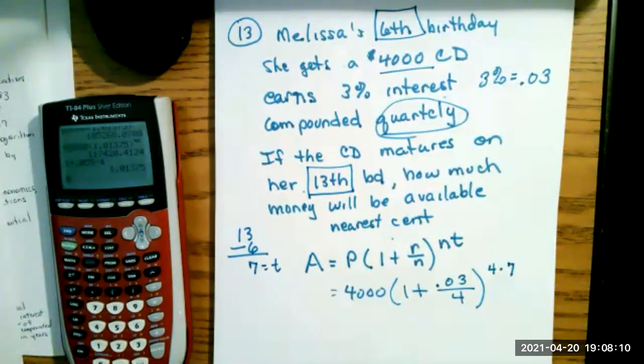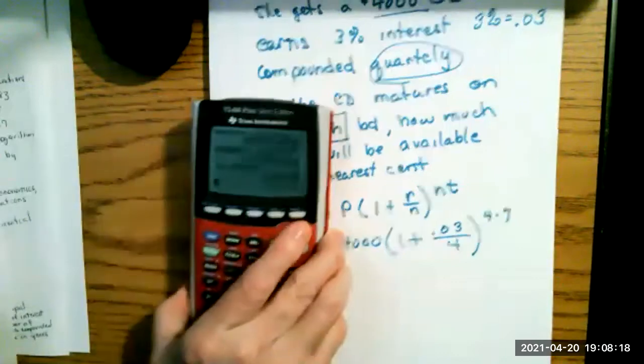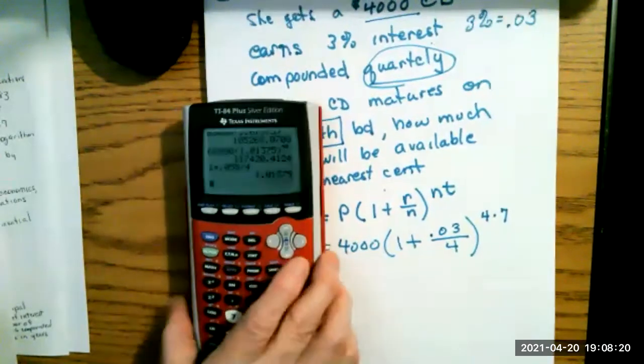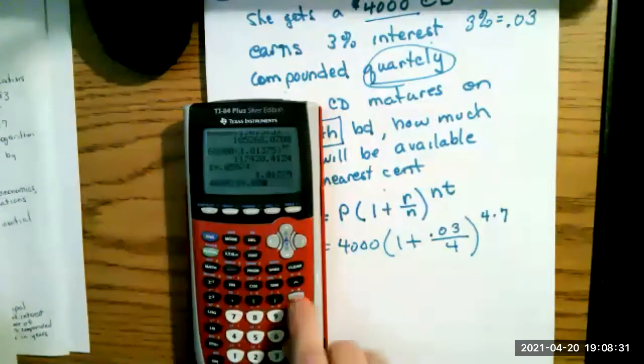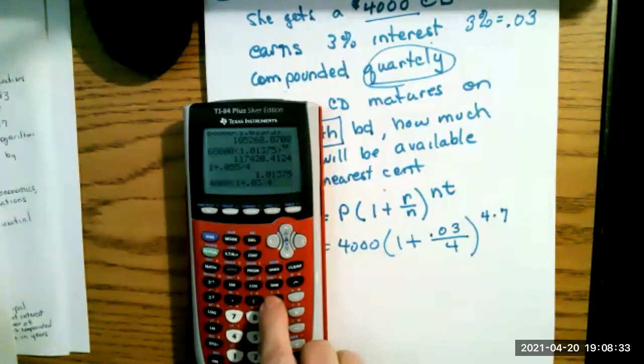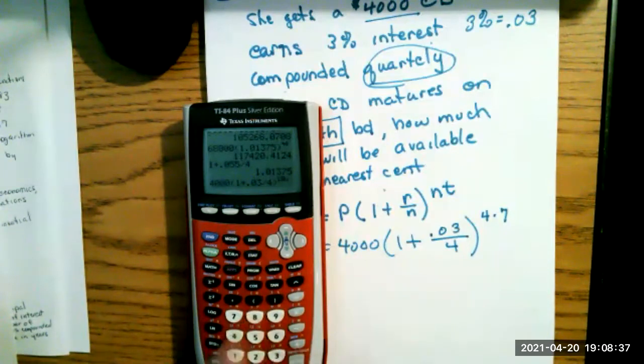So then I guess we can just put this in our calculator just like this. I'm going to put 28 up here instead of 4 times 7 in case I mess up somewhere. 4,000 parentheses 1 plus 0.03 divided by 4 close parentheses. Raise that to 28 because 4 times 7 is 28.